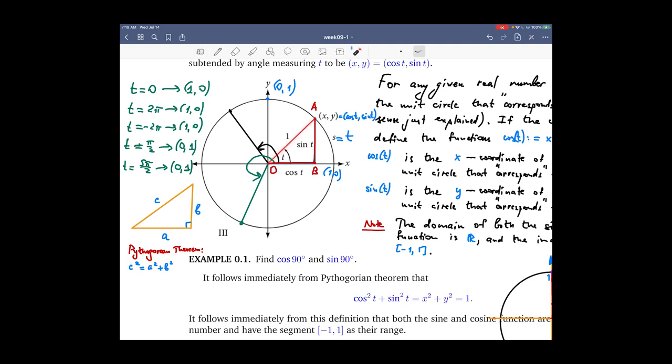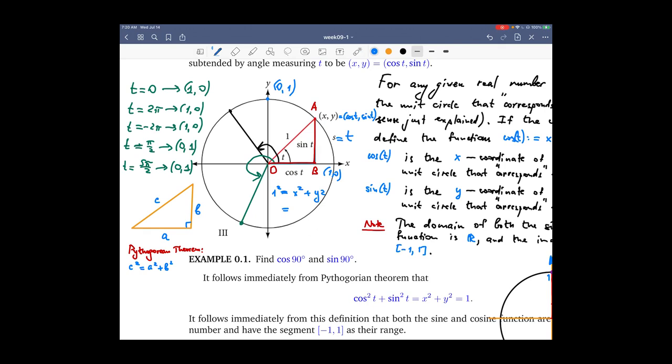Hypotenuse is 1, so we get 1 squared equals square of this leg, which is x, plus square of this leg, which is y.